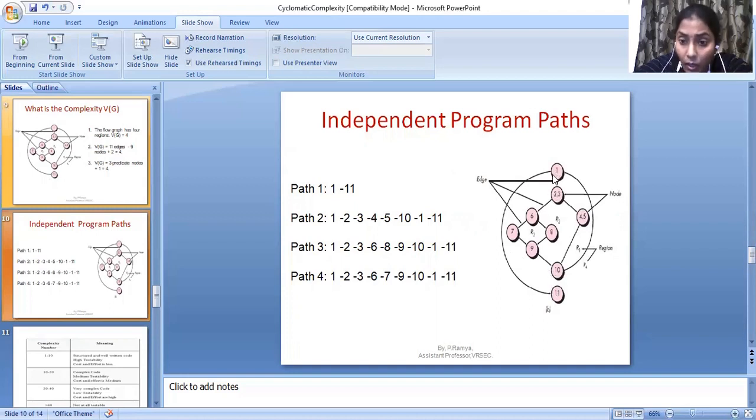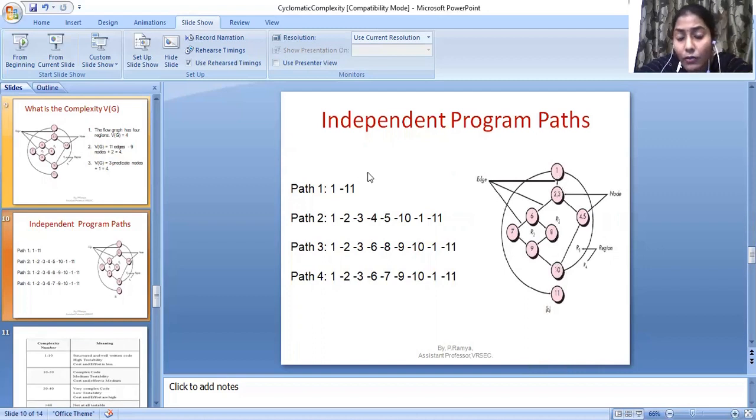Or 1, 2, 6, 8, 9, 10, 1 again and 11. This is another path. Or you can go in this way: 1, 2, 3, 6, 7, 9, 10, 1 and 11. So in order to go from 1 to 11, there are 4 different paths. In either of the 4 ways, you can go from the starting node to the ending node.